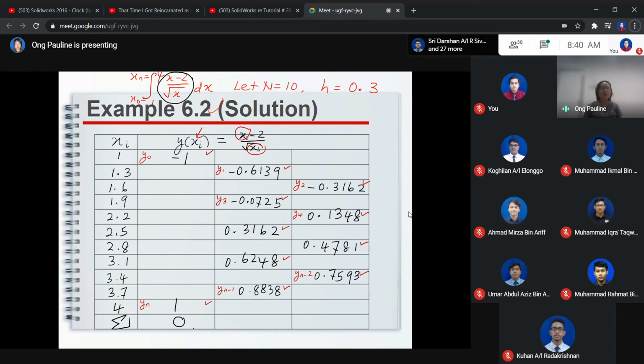So ini biasa kita tak buat lah, kita darab dengan satu. And the summation of the second column you multiply by 4, and the summation of the third column you multiply by 2. Okay, and then don't forget you have to multiply it with 1/3h according to the equation of Simpson's 1/3. Okay, so now you sum up the value for the second and third column.